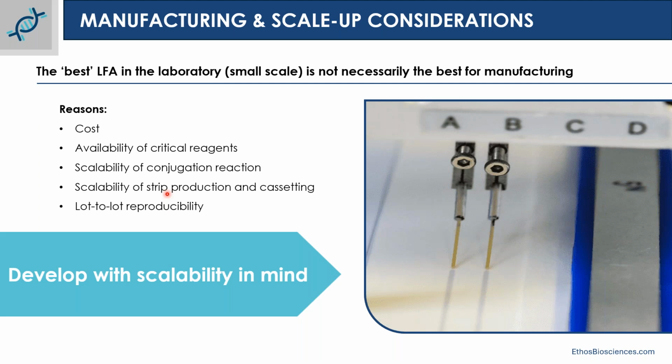So ultimately, it's really important to develop your assay with scalability in mind. And so now we're going to go through about 4 different decision points during assay development, where we can begin to take manufacturing into mind.